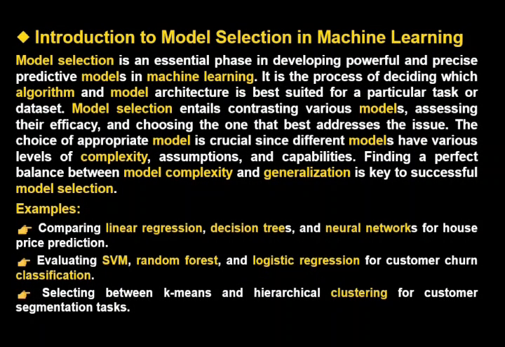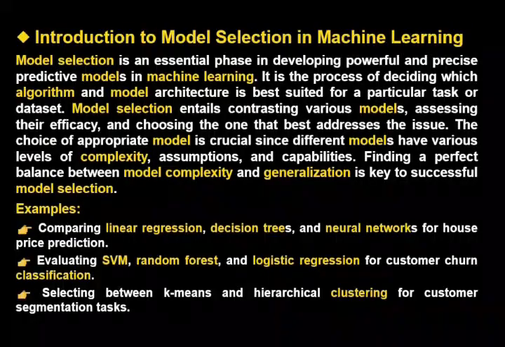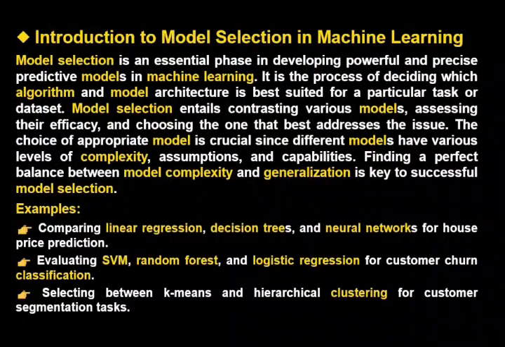Different models have different assumptions, different levels of complexity, and different learning capabilities. The main challenge in model selection is finding the right balance between model complexity and model generalization.